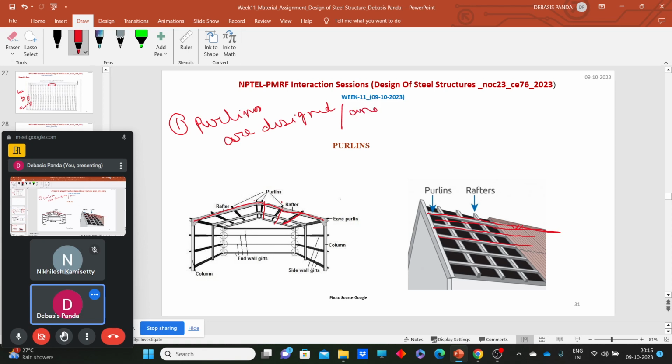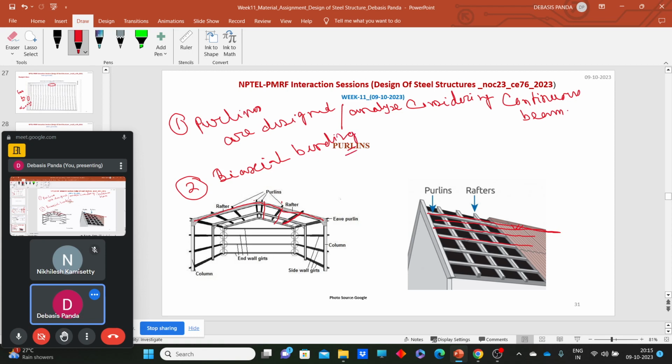Second, the purlins are subjected to biaxial moments. That means they are subjected to load from both directions, parallel and perpendicular. That means they are subjected to biaxial bending.